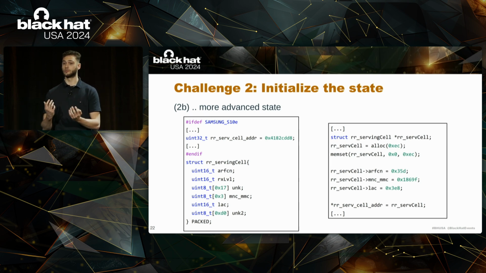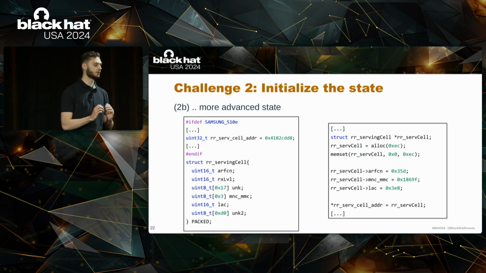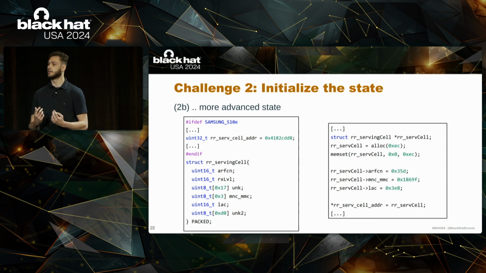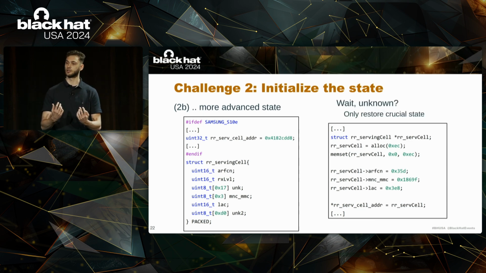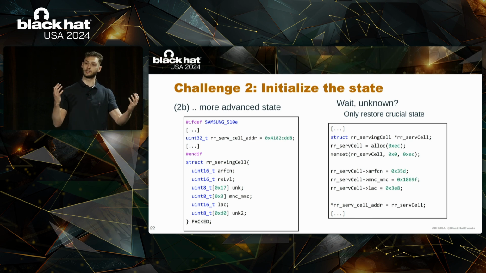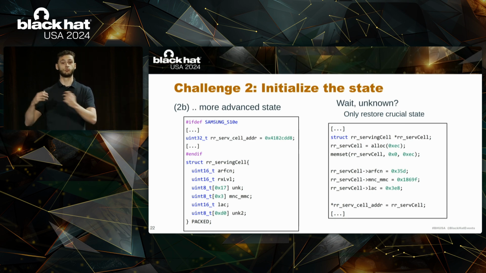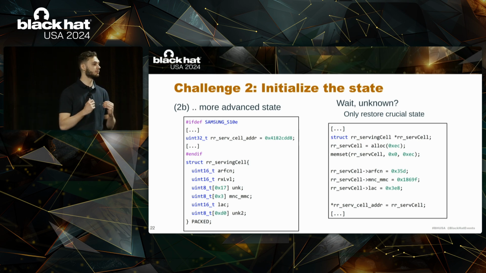There are some unknown fields in the struct, and the crucial thing here is that you only want to restore the very crucial state. Because the challenging thing about adding state is that you might over-engineer this part and then create some kind of conflicting state or state that you won't be able to recreate in a real-life setting. So the key idea here is that you only want to restore the very, very crucial state.